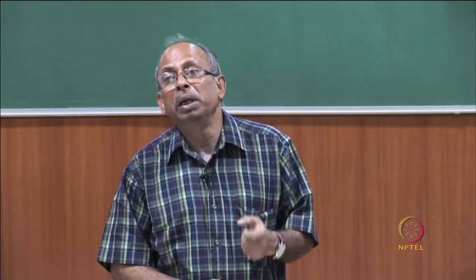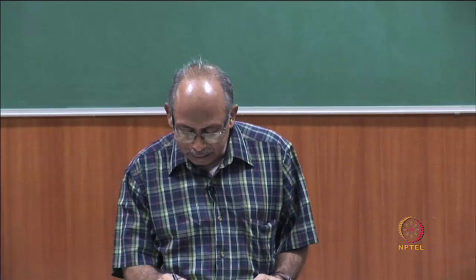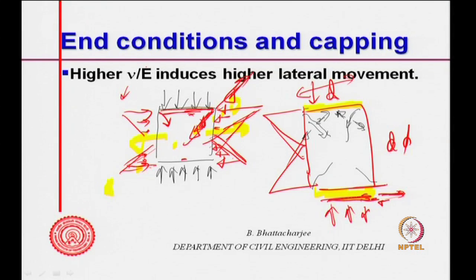So, nu by E is important. If E is less, this term is going to be higher, and if nu is more, this term is going to be higher. So, higher nu by E induces higher lateral movement. That is what we have understood.